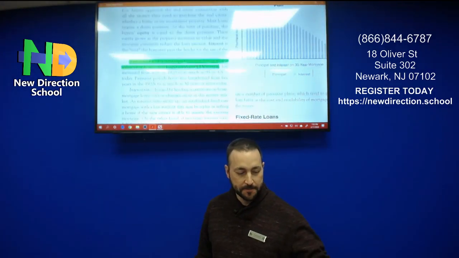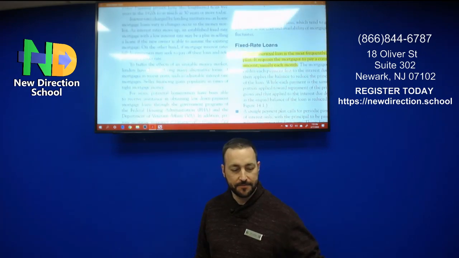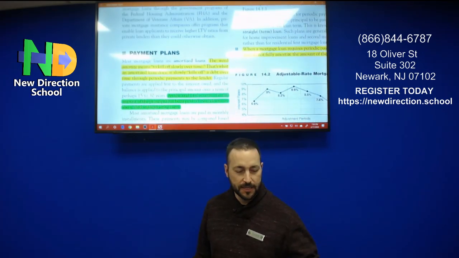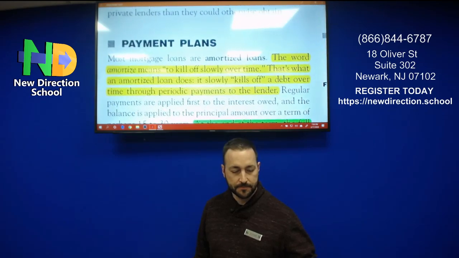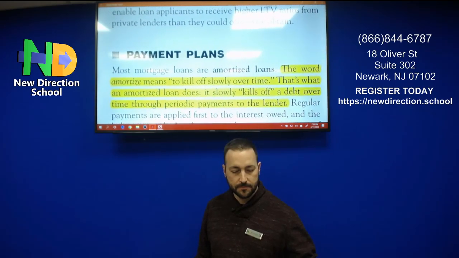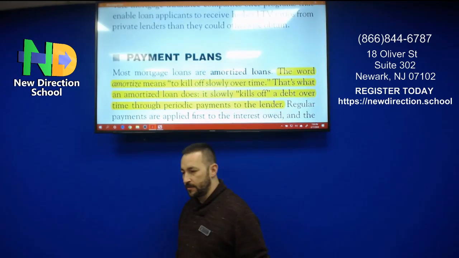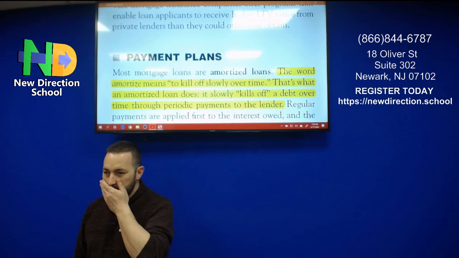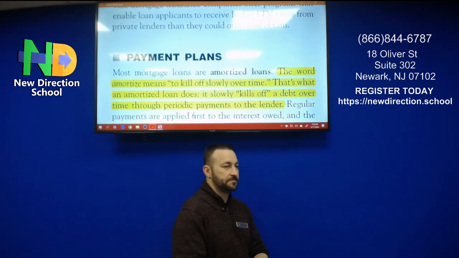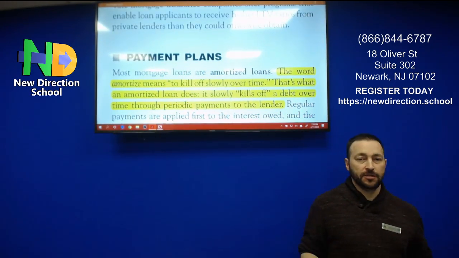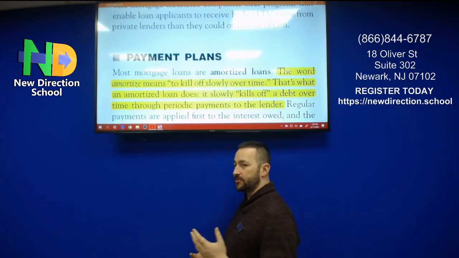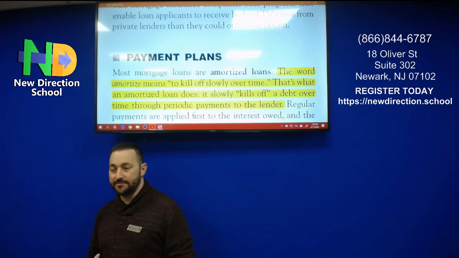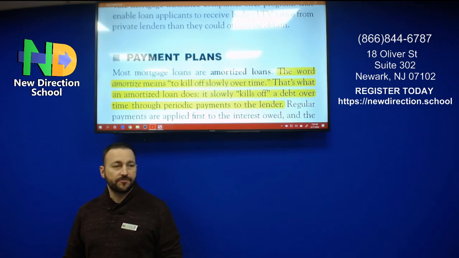So here, we're going to skip all this where it says mortgage financing. We're going to skip that and go straight to payment plans. Ready? What are payment plans? It's how they structure the loan itself. There are different types of loans we're going to talk about later: conventional, FHA, and VA loans.